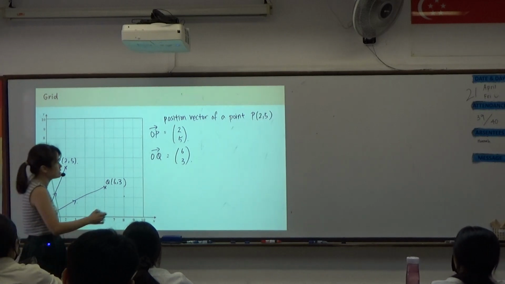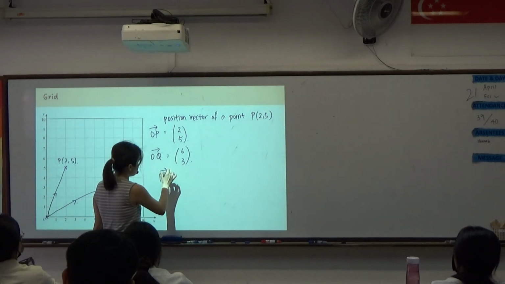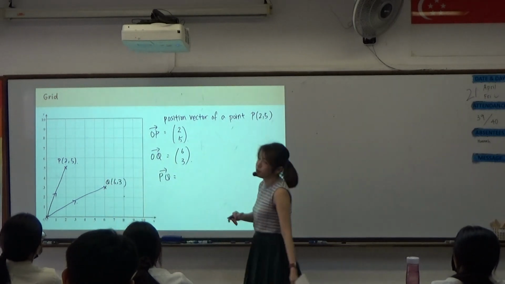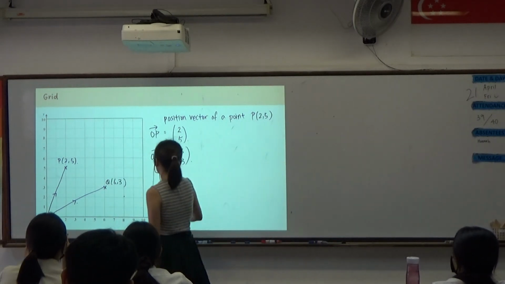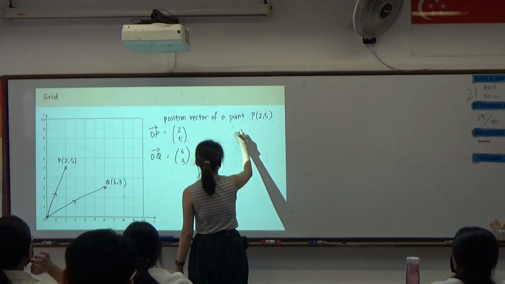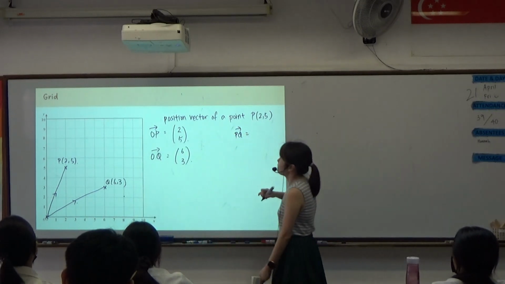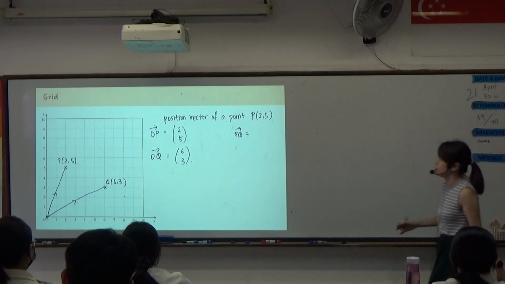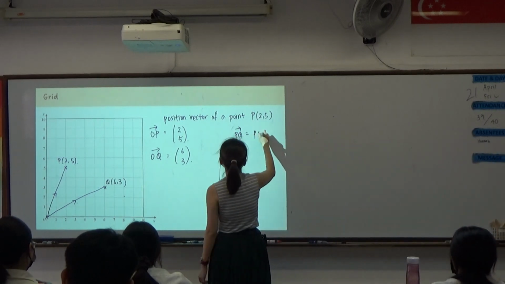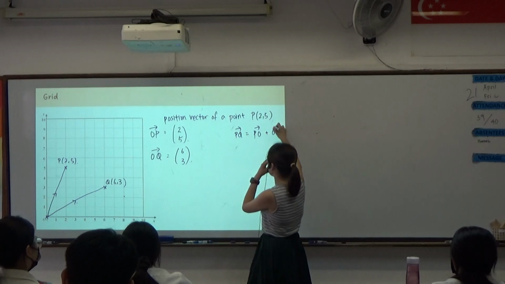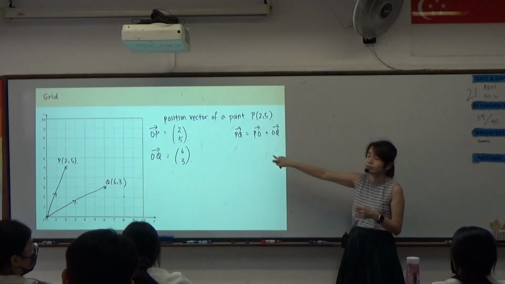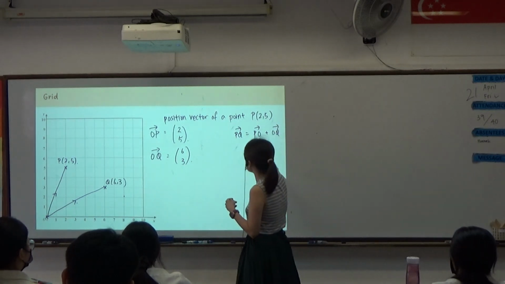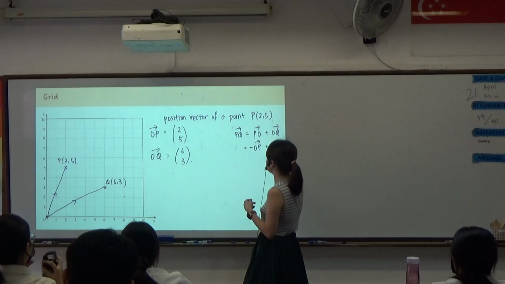Because it helps us to determine what PQ is in an algebraic manner, whereby PQ, knowing how we do our vector addition, will be equal to PO plus OQ, because we know that the center must be the same, and PO is none other than negative OP.